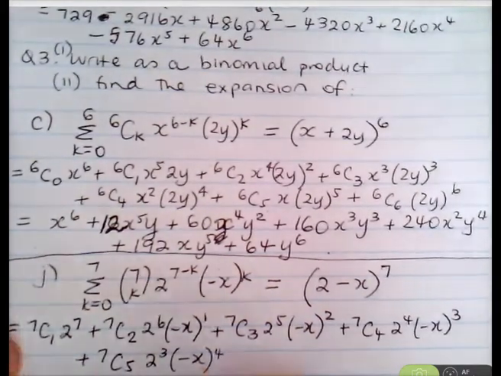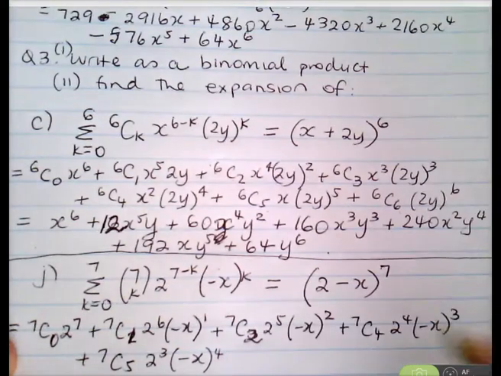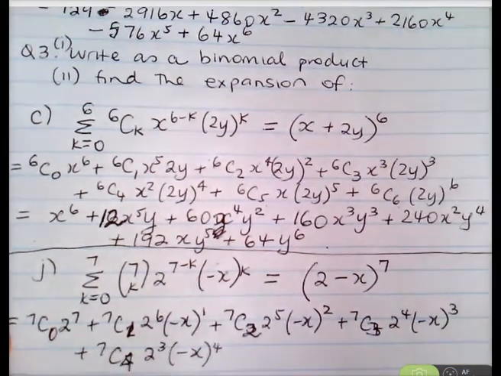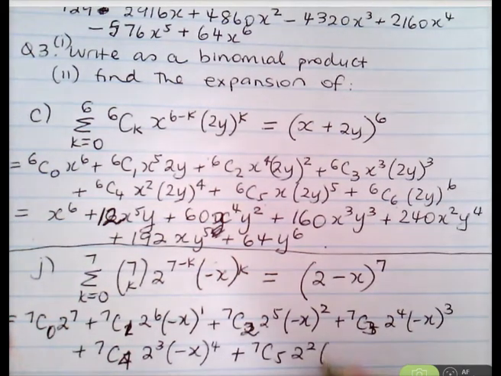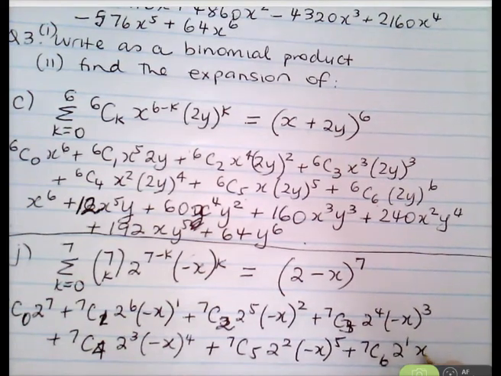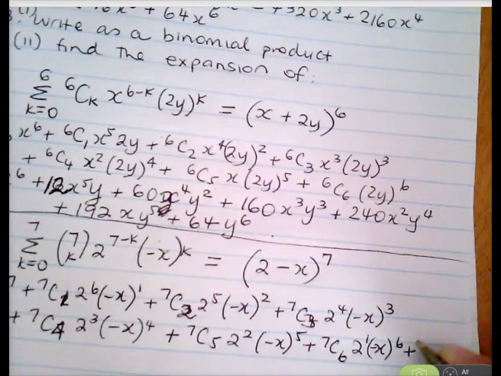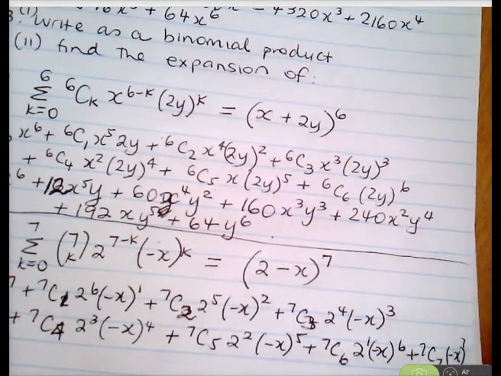Actually, I've missed one. This should be 7 choose 0, 7 choose 1, 7 choose 2, 7 choose 3, 7 choose 4. Sorry about that. Plus 7 choose 5, 2 to the power of 2, negative x to the power of 5, plus 7 choose 6, 2 to the power of 1, negative x to the power of 6, and plus 7 choose 7, negative x to the power of 7.